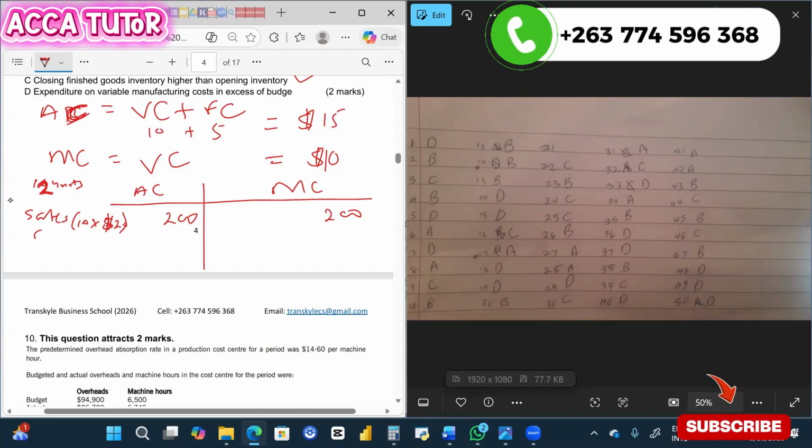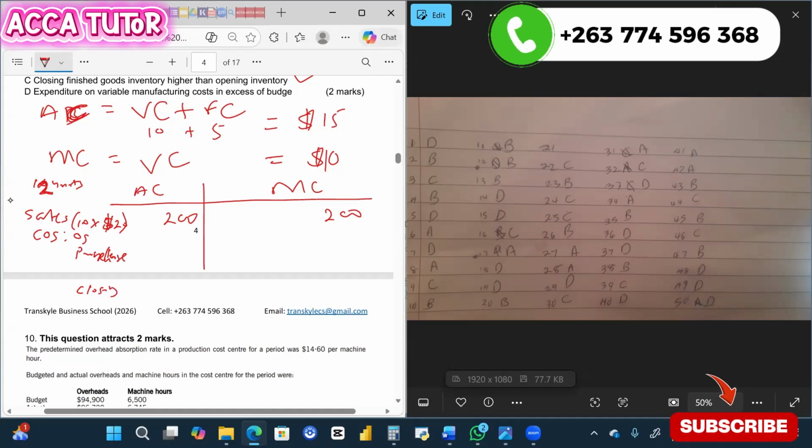Then the cost of sales. The cost of sales is given by what? Opening stock, plus purchases, and then minus closing stock, right?